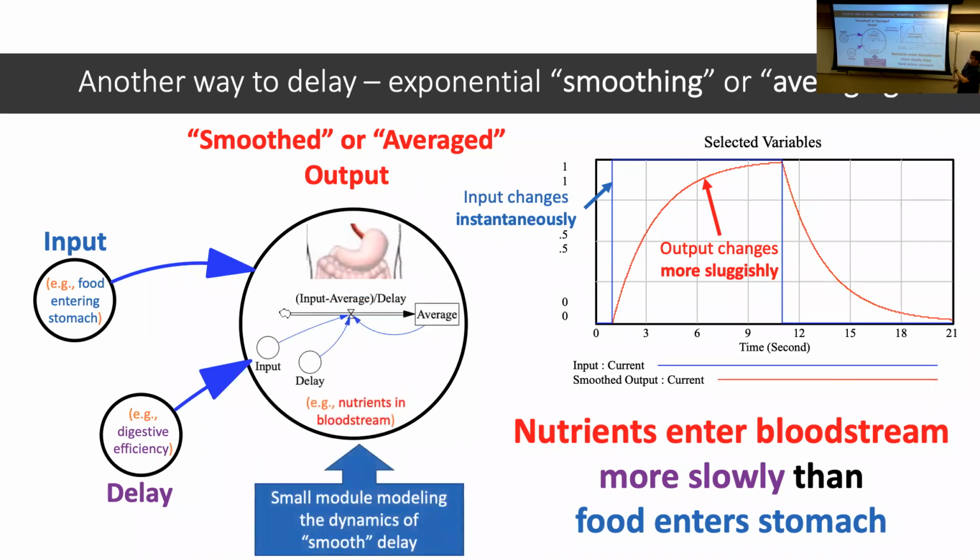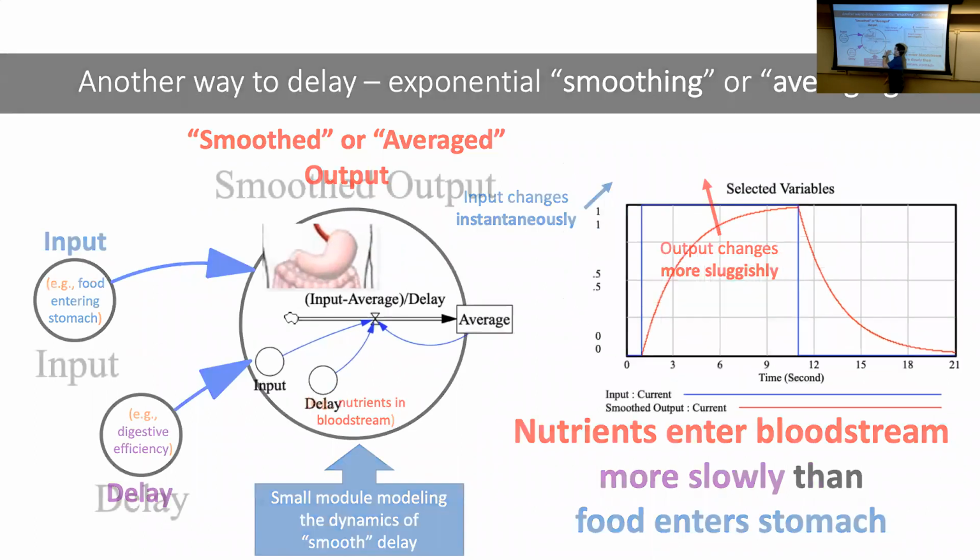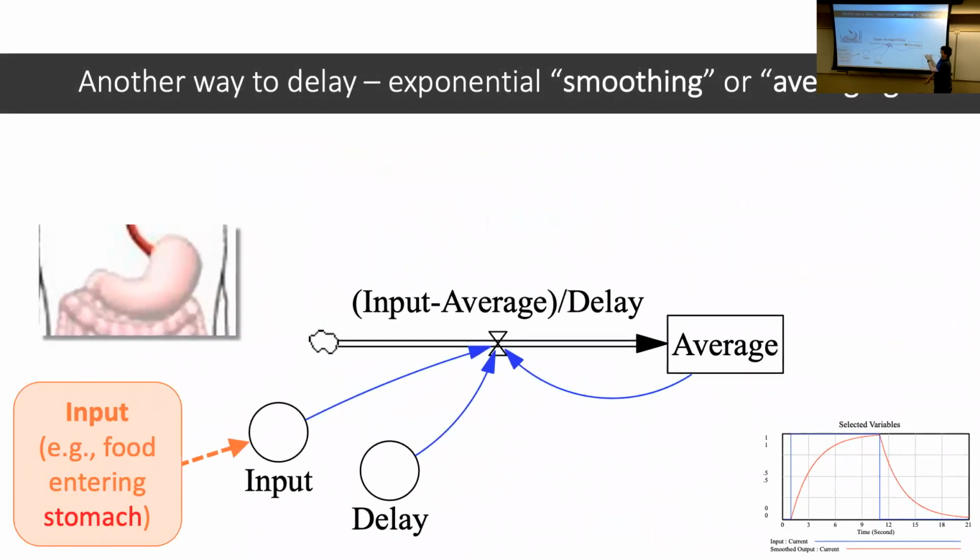So if I wanted to model this, there's going to be a shortcut here, which is why I'm going to go through this kind of quickly, because we'll end up using the shortcuts. But the basic thing here is that you can build this averaging system, which is itself like a stock and flow. It's kind of like your stomach itself needs to be built with another stock that represents this change in the nutrients that are entering the blood flow at every time.